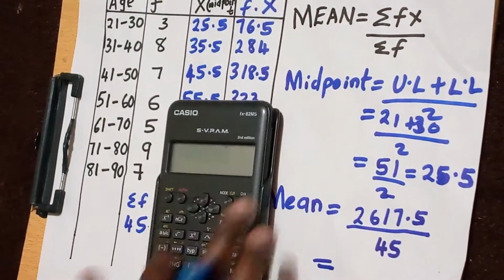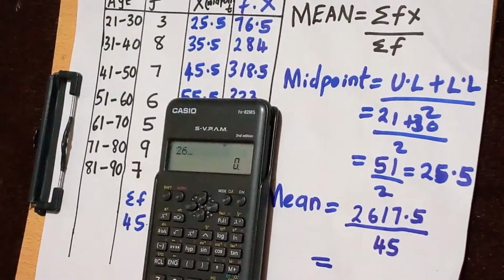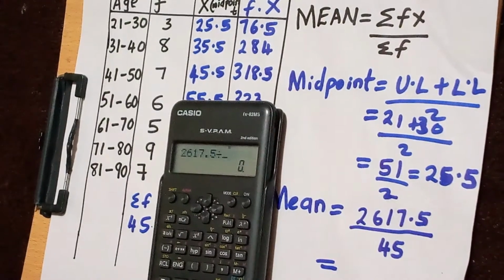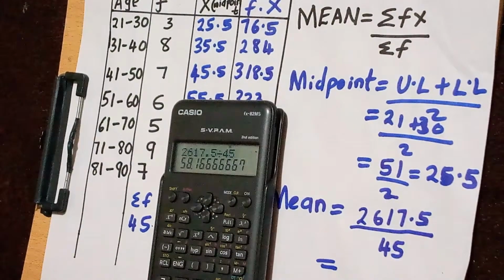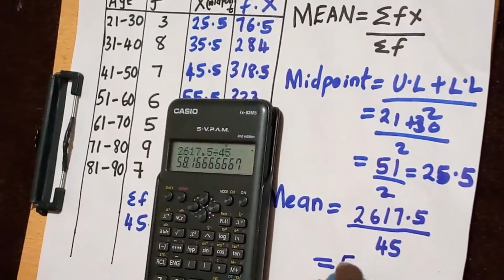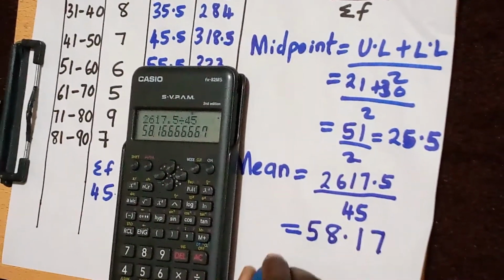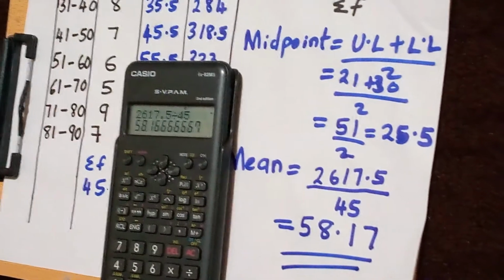So 2,617.5 divided by 45. What do we get? We get 58.17. That's our answer.